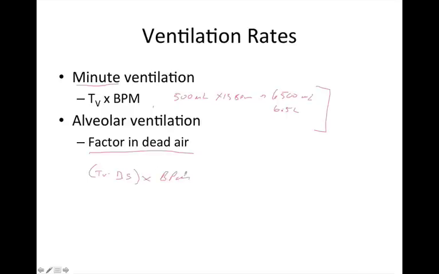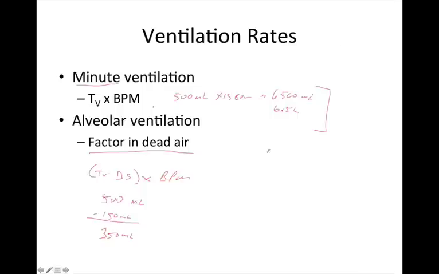Okay, so if a person brings in 500 mL of air per breath, and we say that 150 milliliters of that air is wasted, meaning remaining in the conducting airways, that would mean that only 350 milliliters of air reaches the alveoli and actually partakes in the process of gas exchange.